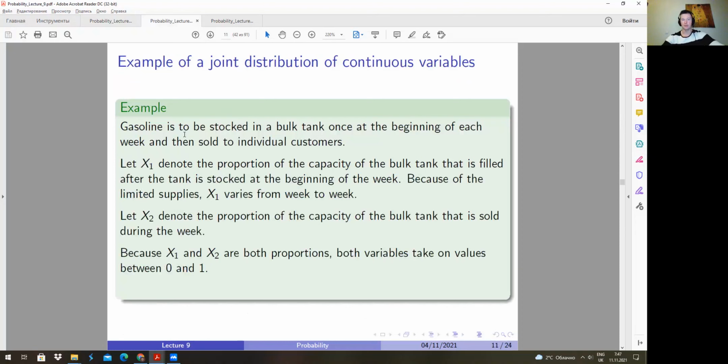We had a gasoline tank, some reservoir, and we had 2 random variables. x1 is the proportion of the capacity of this tank that is filled with gasoline, and x2 is the sales of gasoline during the week. These 2 variables must be related to each other because x2 cannot exceed x1. We cannot sell more than we have.